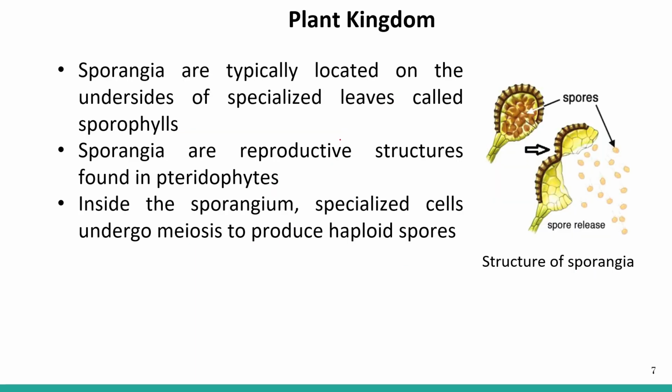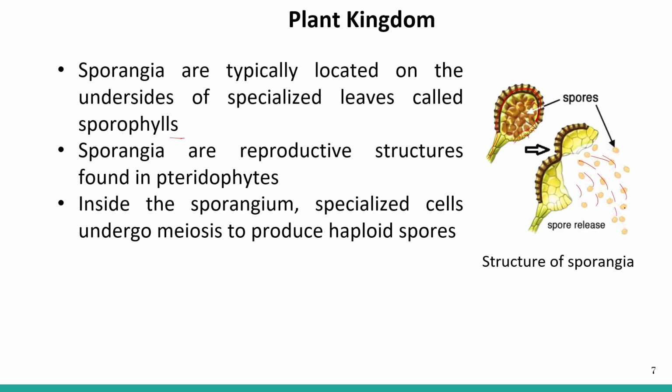Now, the sporangia are typically located on the underside of the specialized leaves called sporophylls. Sporangia are reproductive structures found in pteridophytes. So, here you can see one of the sporangia. This is the sporangium. And when this wall gets ruptured, all the spores present inside it come out.